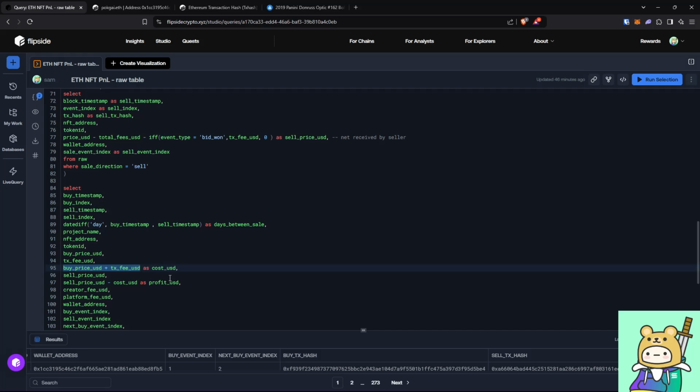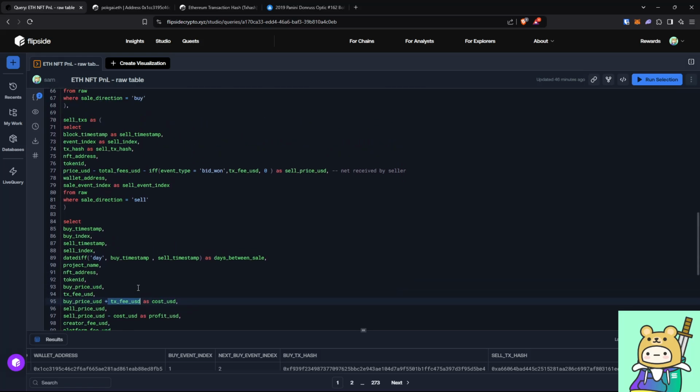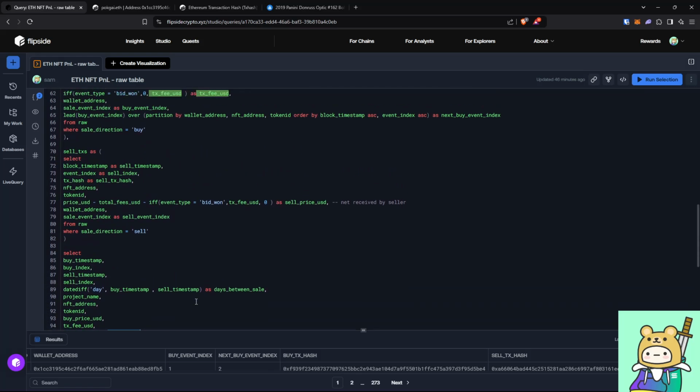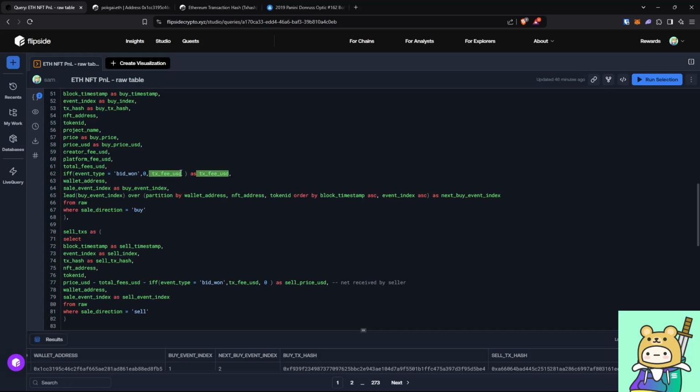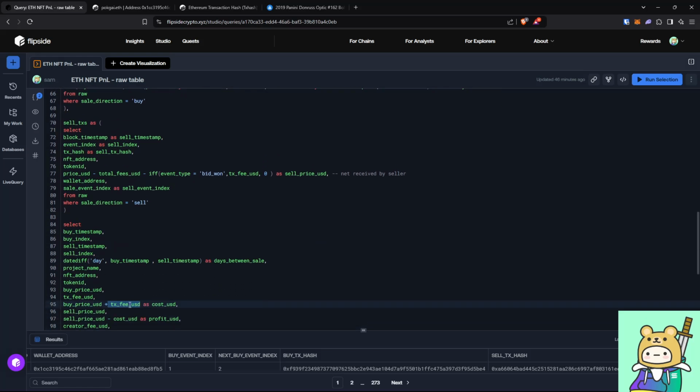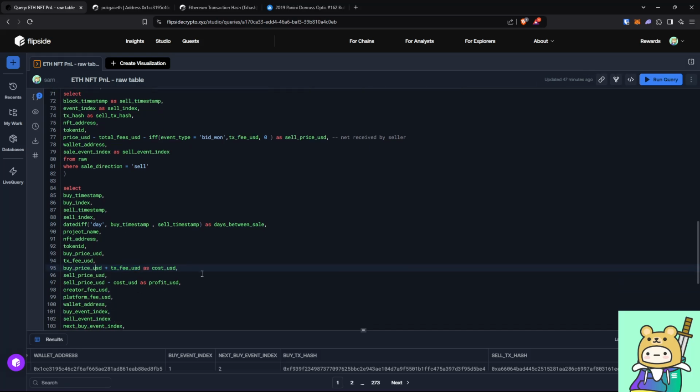I pay all the fees and of course the NFT price itself. So that will be included in buy price USD. And because I initiated the transaction, there will also be transaction fee. And if I did not initiate the transaction, that's fine, because that's already taken care of in this CTE over here. So that'll be zero, or some number, and this will be my total cost.